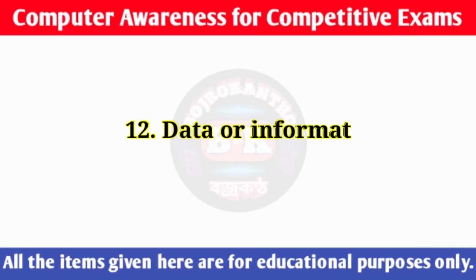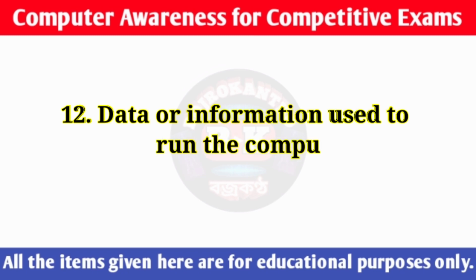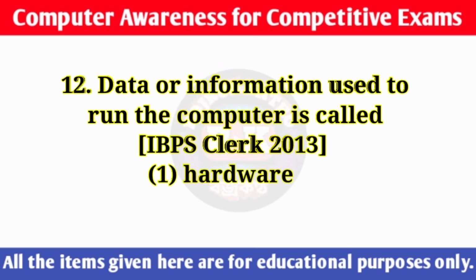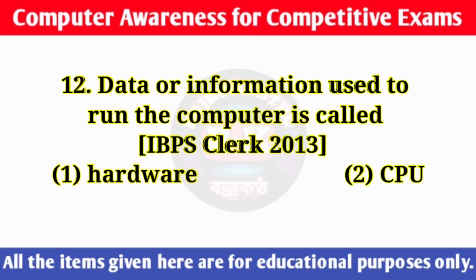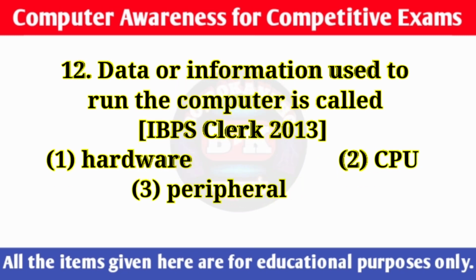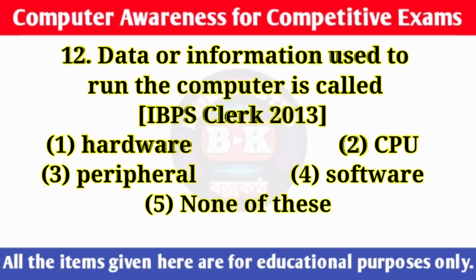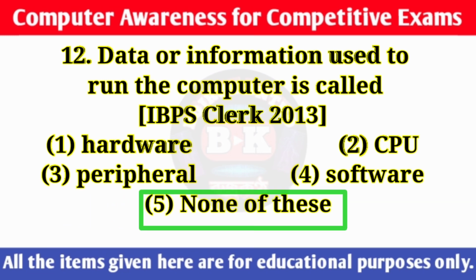Question number 12. Data or information used to run the computer is called option number 1 hardware, option number 2 CPU central processing unit, option number 3 peripheral, option number 4 software, and option number 5 none of these. The correct answer is option number 5 none of these.